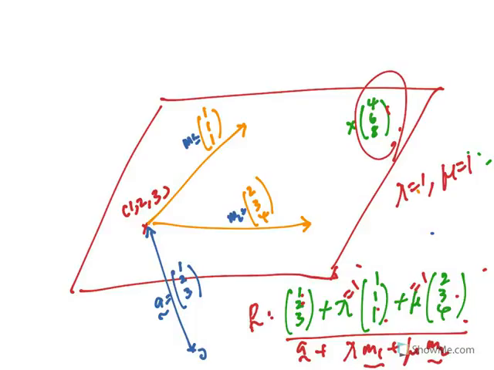So basically what I'm telling you is that any point on the plane can be represented by this. Slowly, it's very hard to visualize. It's really hard, I tell you.